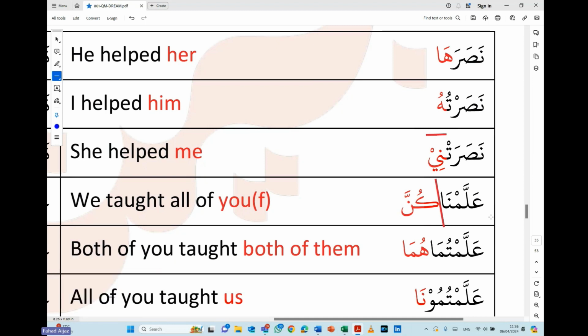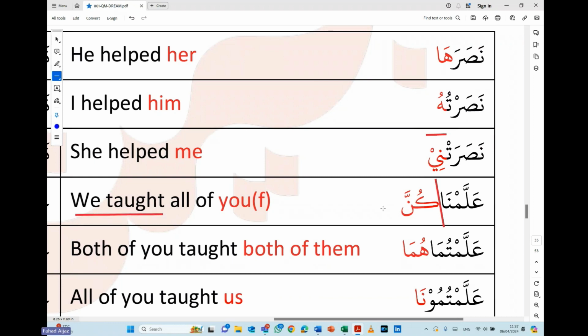Anta allamta, antuma allamtuma, antum allamtum, anti allamti, antuma allamtuma, antunna allamtunna, ana allamtu, nahnu allamna. Stretched, right? That's where you get it from. So it's we taught, this one.